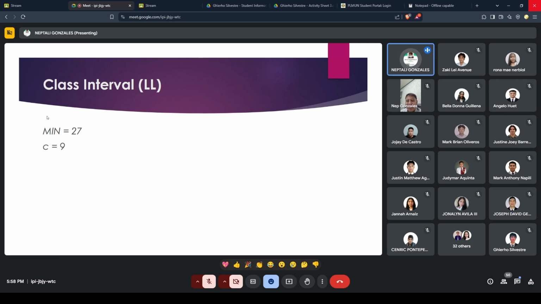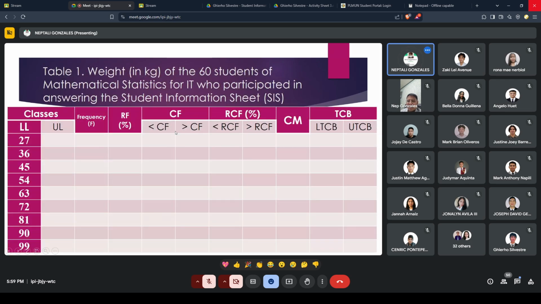All you have to do is add to the preceding classes, according to the definition of class interval. So the lower limit is given by the formula: lower limit is equal to minimum plus C. By substitution, lower limit is equal to 27 plus 9. Therefore, the next lower limit class is 36, because your first class is 27.